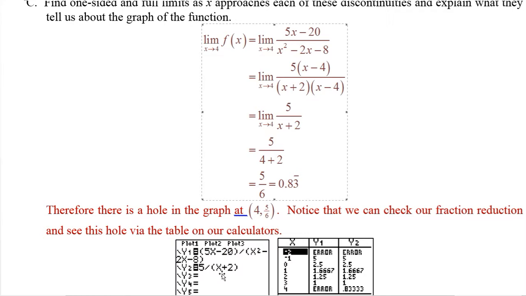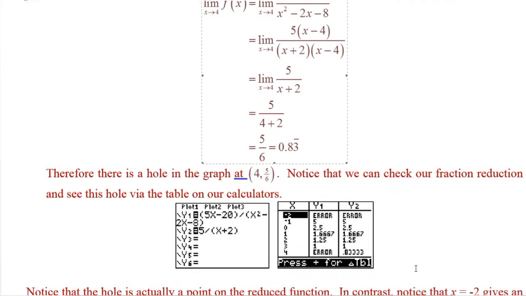And notice, again, you can see that reduced version here and the original version in the calculator. Notice you'll see an error message in both places where you have the vertical asymptote, but we'll see an error message in the original and a number, the y-coordinate of the hole, when you have a hole in the graph. Also, all the other numbers are the same, so that tells you that we did the reducing correctly, the factoring and canceling correctly.